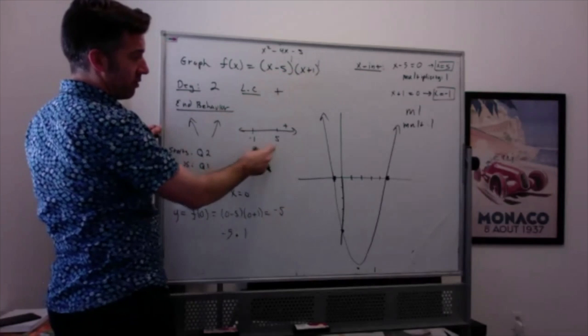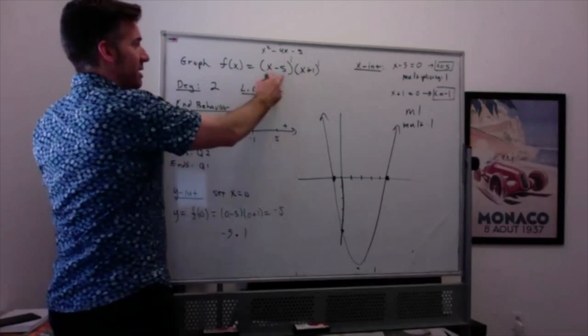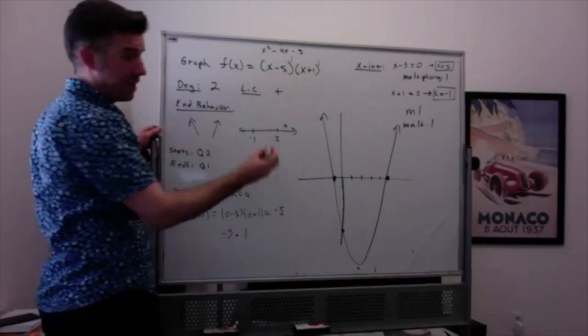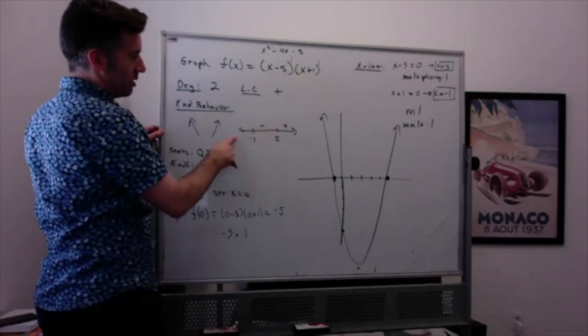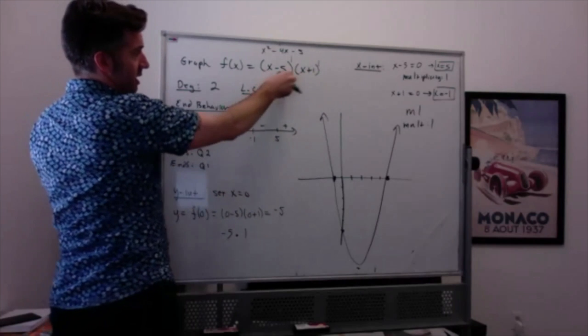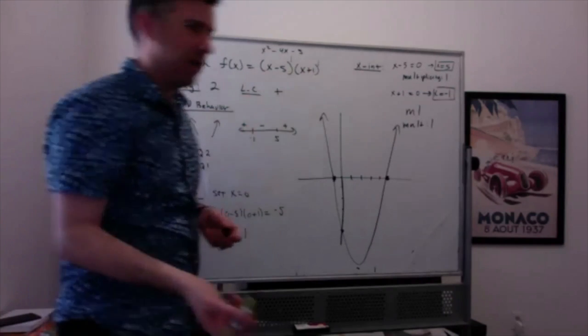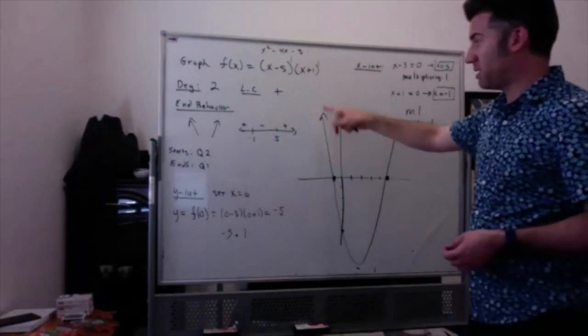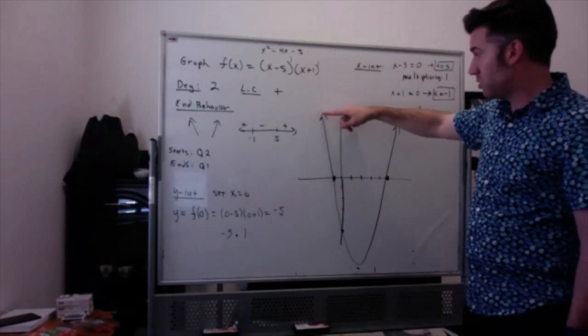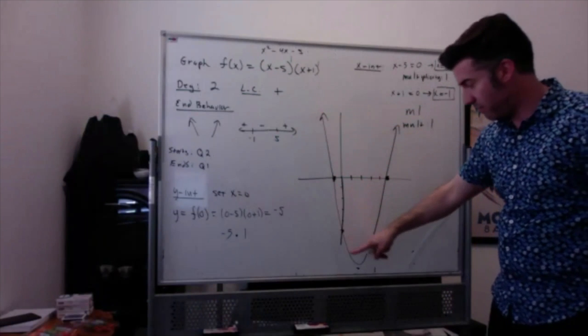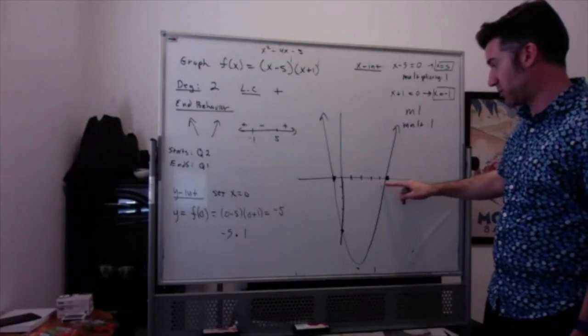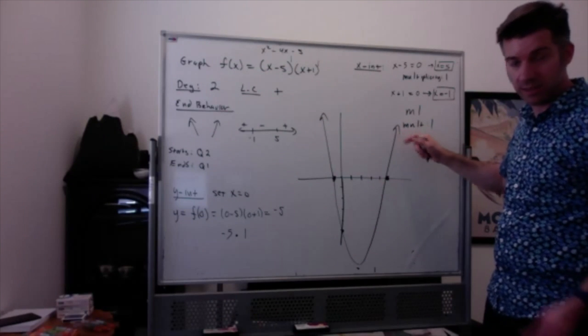Pick a number between negative 1 and 5, like 0, this is negative and this is positive, and their product is negative. Pick a number like negative 2, this is negative and this is negative, so the product is positive. You can see, oh yeah, right? We're going from being positive, above the x-axis, to crossing to being negative, below the x-axis, and then crossing back to being positive, above the x-axis.